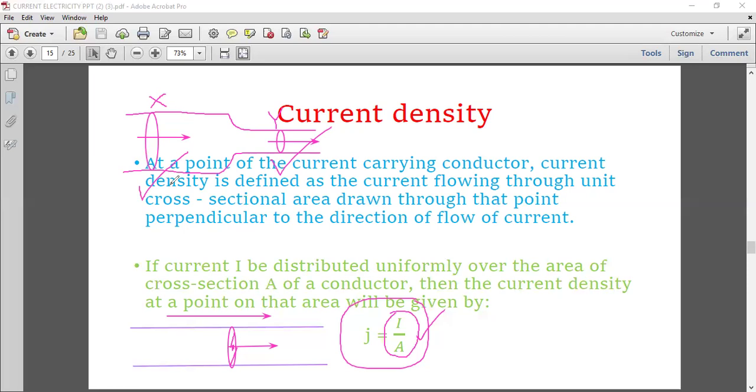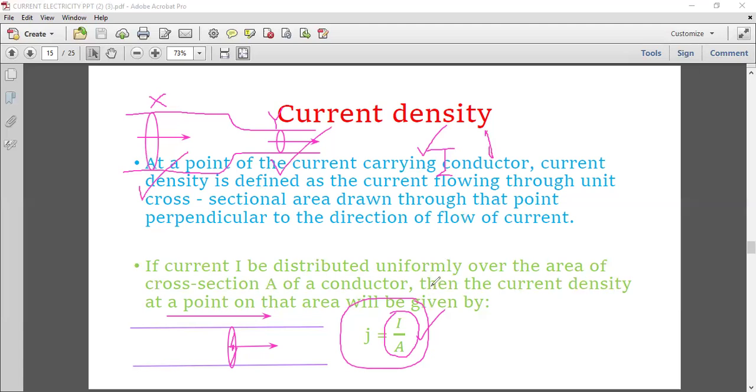It's clear. That's why we say that current density is a microscopic property of a current carrying conductor. Current is a macroscopic property, while current density is microscopic.